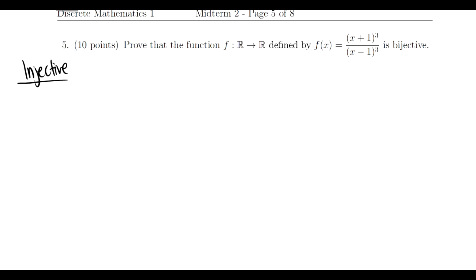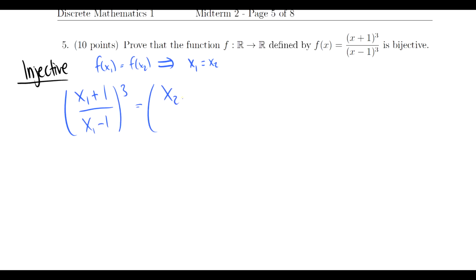What we have to prove is that f(x1) = f(x2) implies that x1 = x2. So we're going to have ((x1+1)/(x1-1))³ equal to ((x2+1)/(x2-1))³.